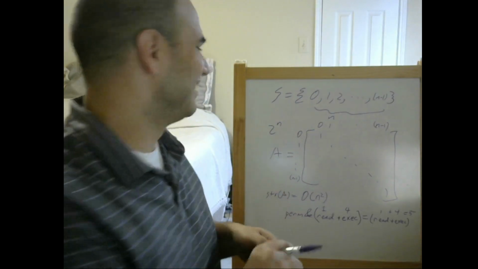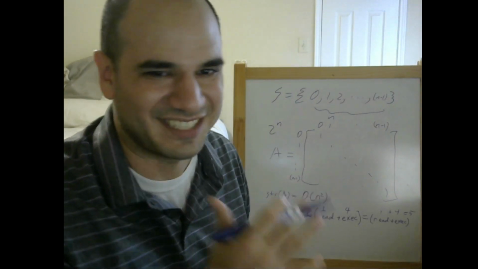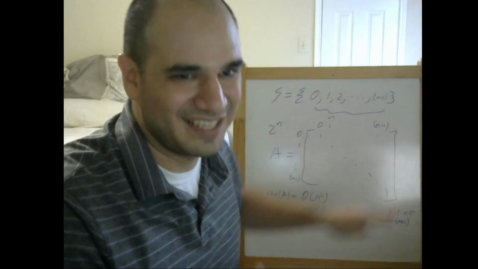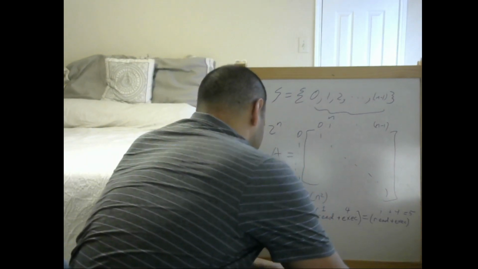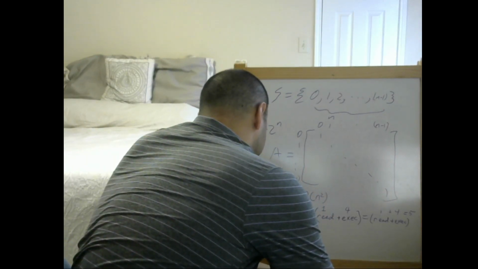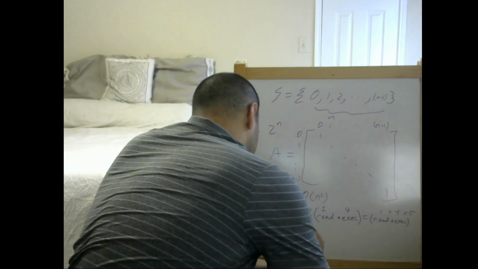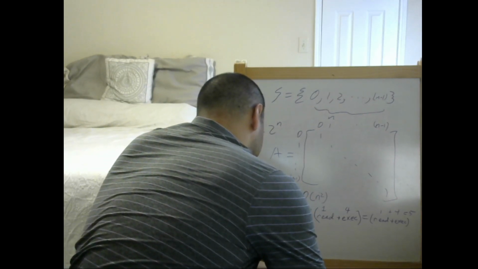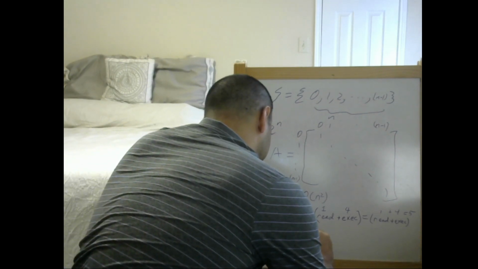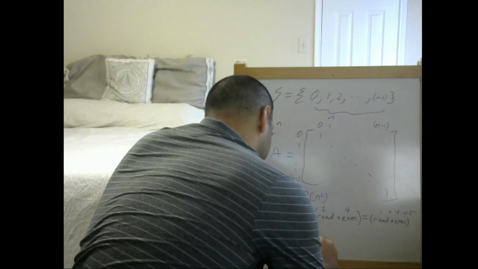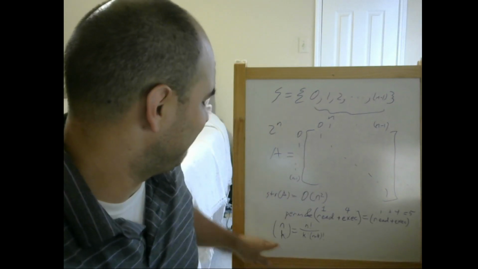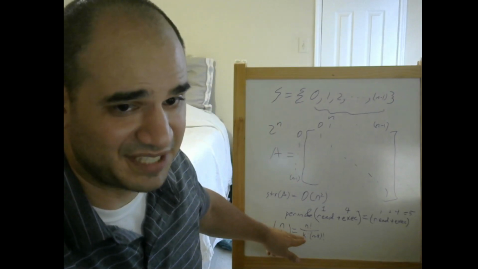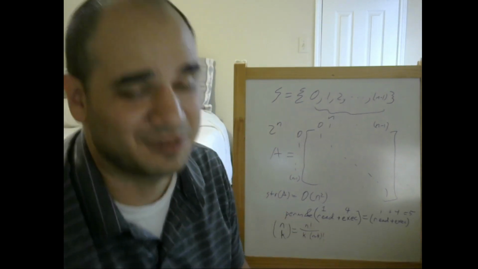Okay, so the number of subnetworks of a given size k, so we have n vertices, the number of subnetworks of size k is going to be n choose k. So n factorial over k factorial times n minus k factorial.